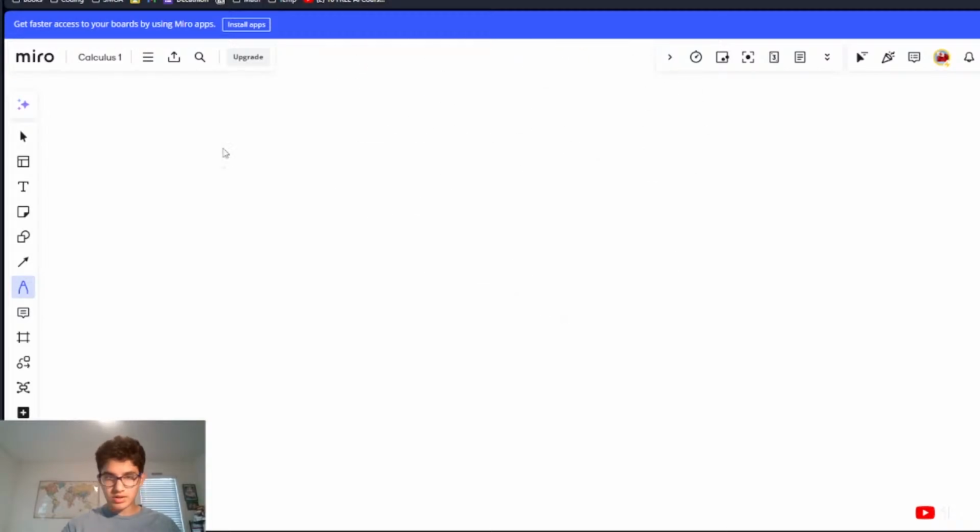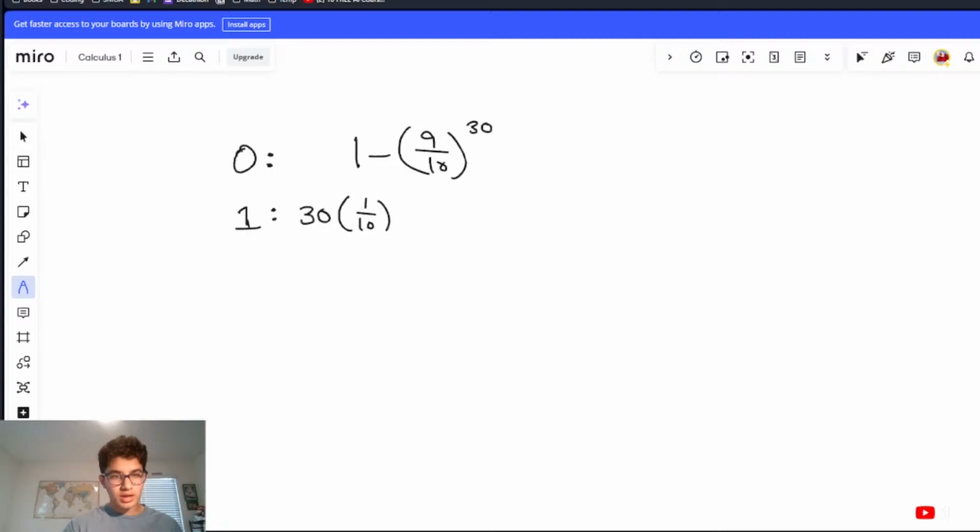What is the probability that it rains on no days? That's like 1 minus 9/10 to the 30th. Right? This is that it rains on 0 days. If it rains on 1 day, it'll be 30 to pick which day. That will be 1/10. And the rest of them, it'll be 9/10 to the 29th.